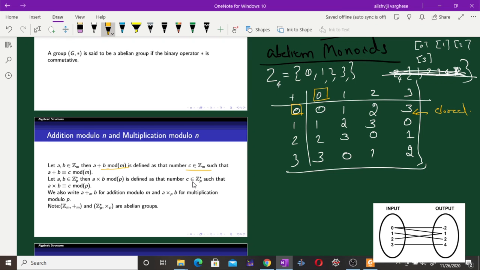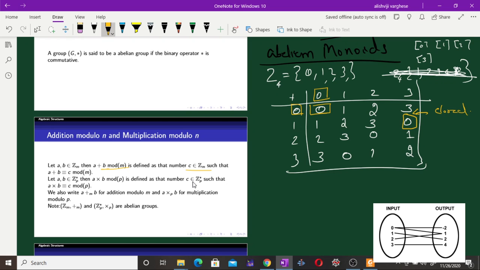Now to check whether it has inverses, we check whether each and every column and row has the identity element or not. Here we have an identity element, which means the inverse of 0 is 0. Here again we have an identity element.